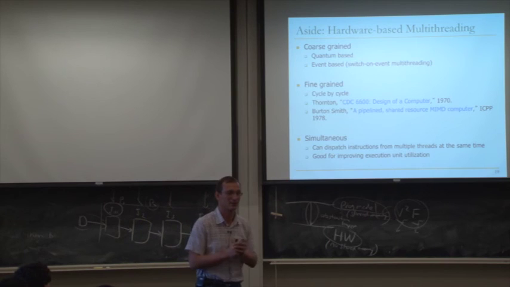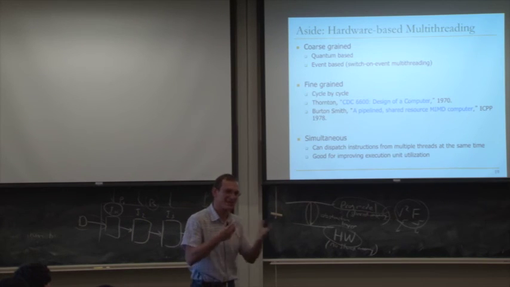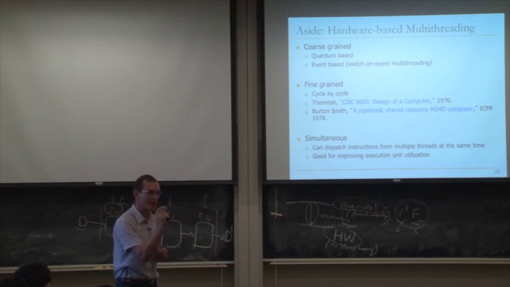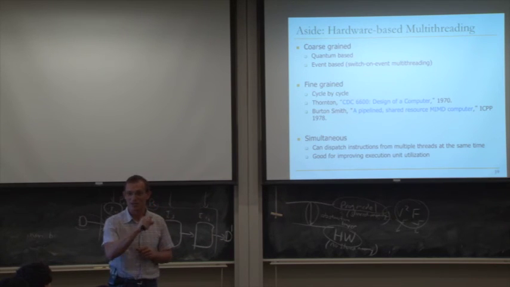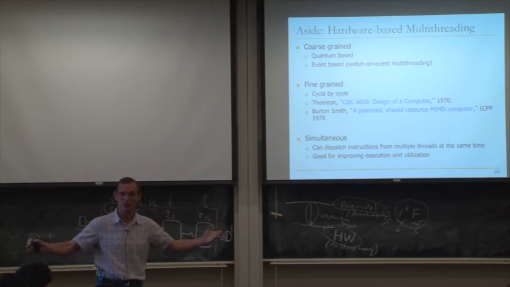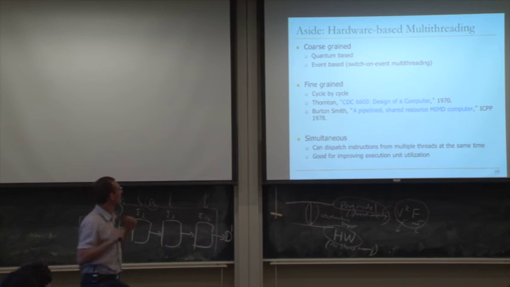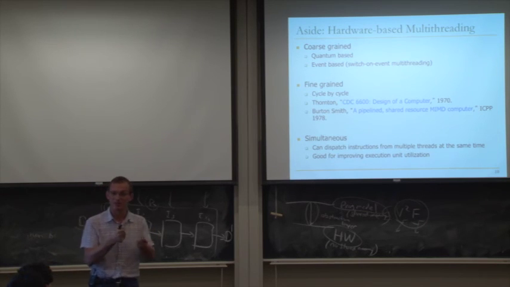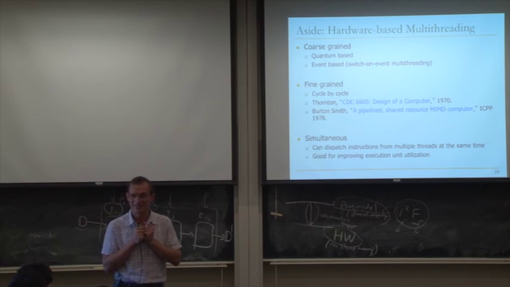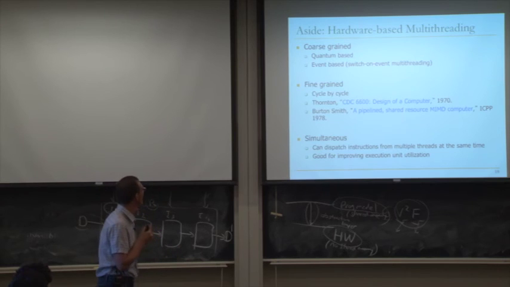Quantums are on the order of milliseconds. And that's not hardware-based multithreading because you have only one context. And the operating system saves and restores the context at the quantum boundaries. But if you want to do it at a much finer grain, you need to have hardware support for multiple contexts, multiple thread contexts. And you remember this very well, hopefully.